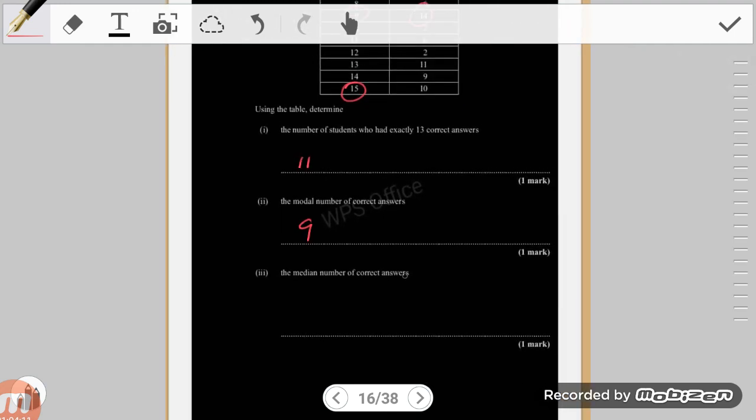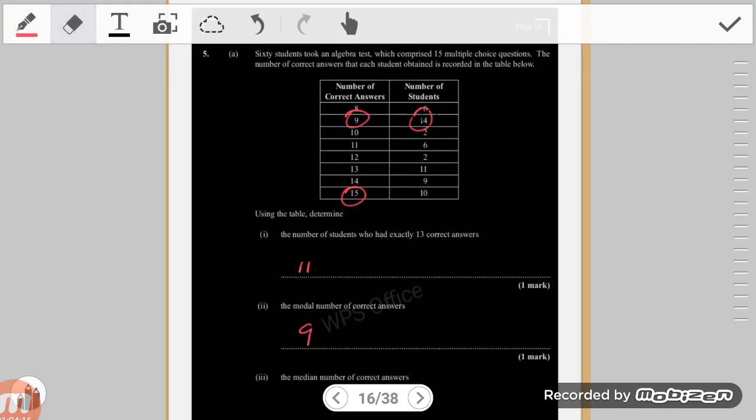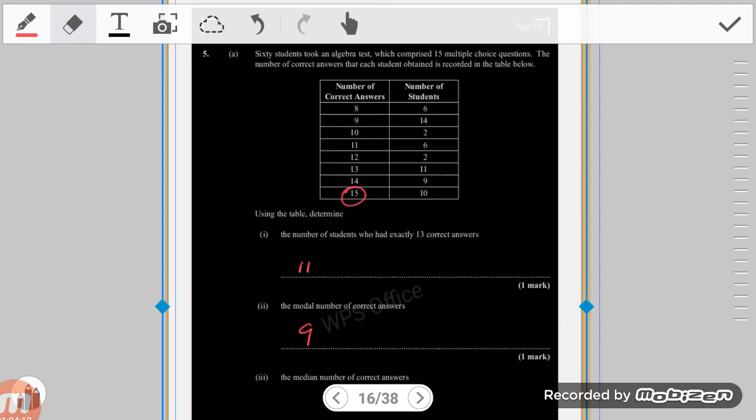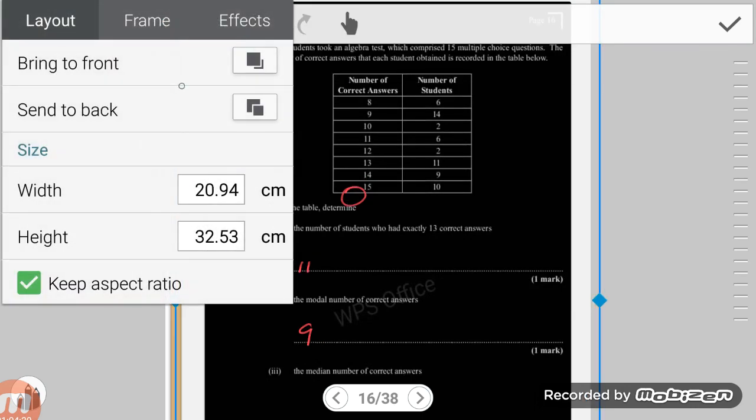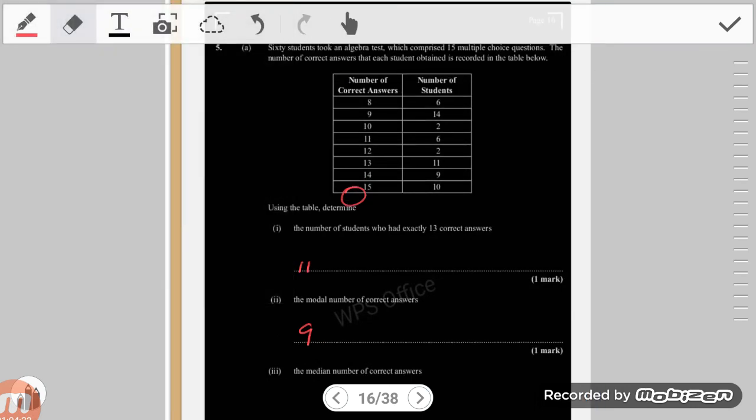Alright, so the median number of correct answers. Alright, so tricky little question here, guys. Tricky little question. Median. Alright, so the median.